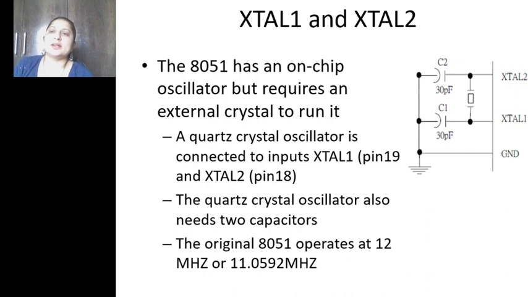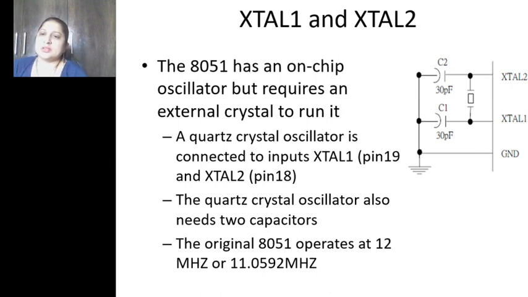So now we'll see in detail how the XTAL1 and XTAL2 are used. Now 8051 has the on-chip XTAL1 and XTAL2 pins, right? These are required to run an external crystal. The crystal oscillator is connected to the input XTAL1, that is pin number 19, and the output pin XTAL2.